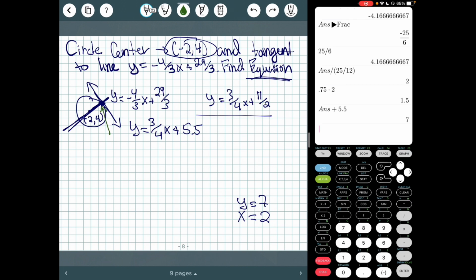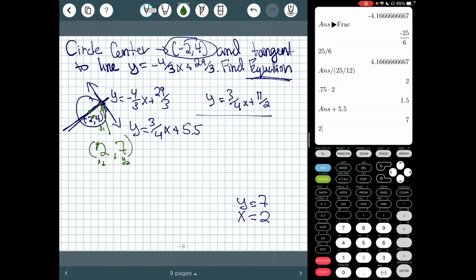So that point right there is (2, 7). Okay, so now what we can do is use the distance formula to find the distance between that and the center, which will give us the radius. So let's say this one is x1, that one is y1, x2, y2.